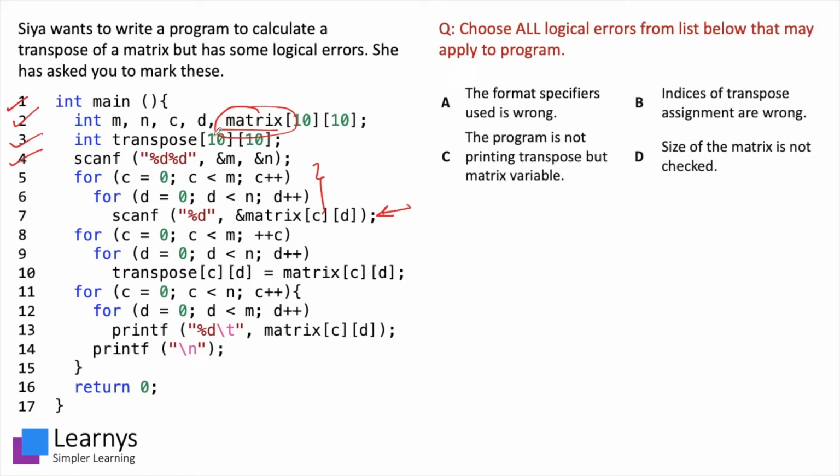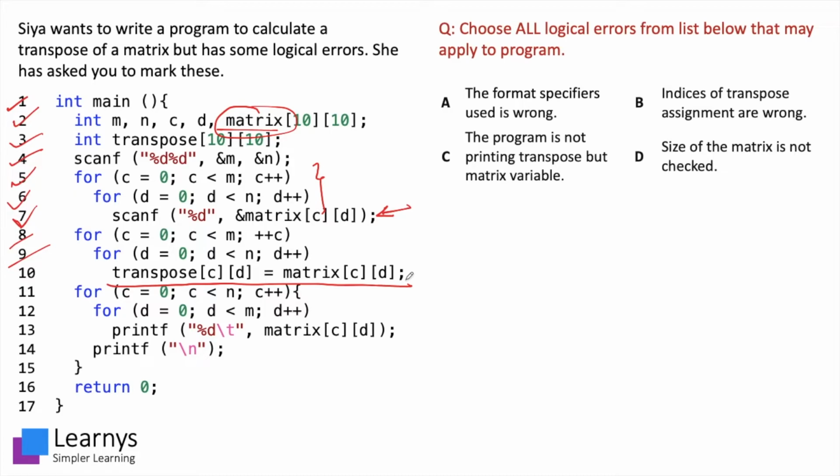Moving on. The scanf statement is correct and the format specifier used is correct here. The next statement, we're ranging from the same loop and we're incrementing values. This is correct and this is correct. But at this statement, I can see an error. Can you? We are not transposing the matrix.